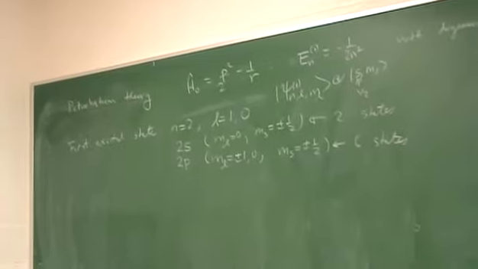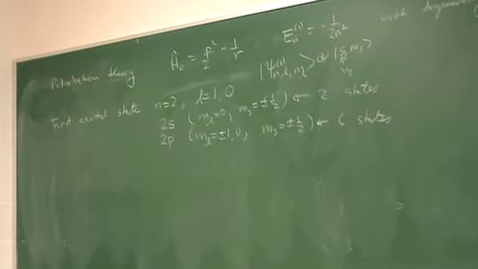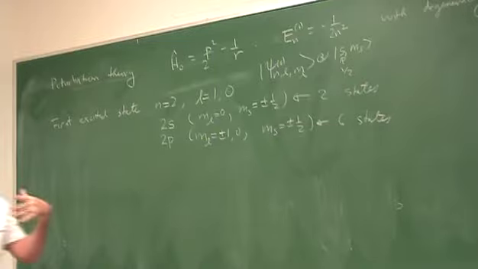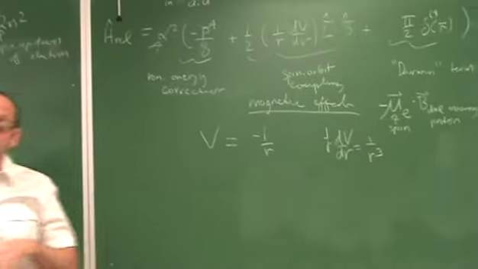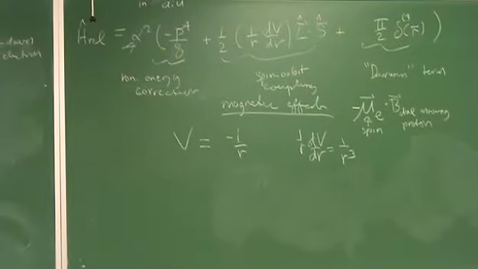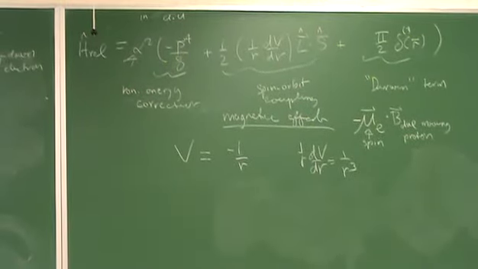So what we want to do now, if we have to do perturbation theory, degenerate perturbation theory, is to diagonalize our perturbation Hamiltonian in this subspace, this 8-dimensional subspace.